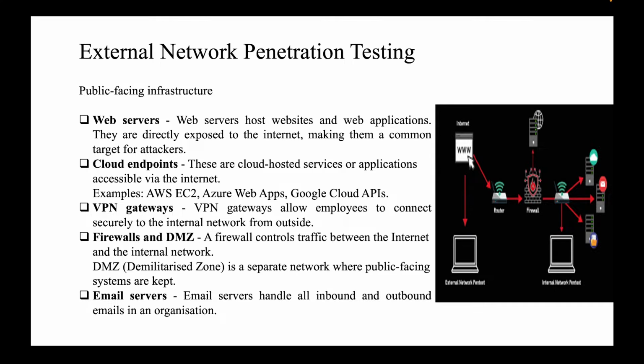A firewall is like a security guard controlling who enters the network. A DMZ is a separate area where public servers stay. So even if they are hacked, the internal network stays safe.